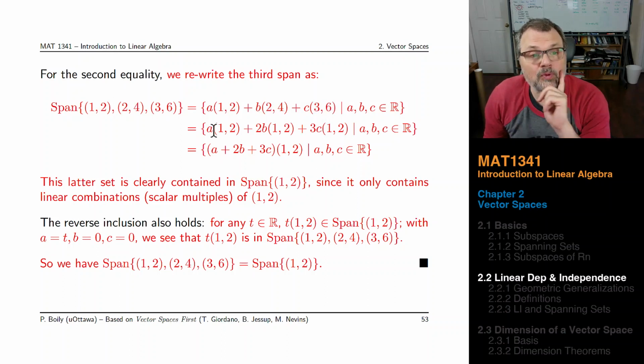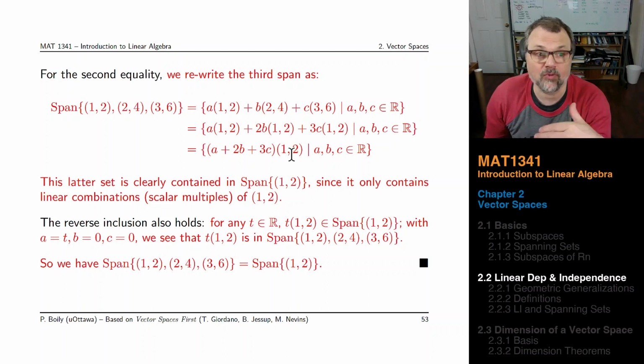And what you end up with here is that every linear combination of (1,2), (2,4), and (3,6) is in fact just a rescaling of (1,2). It's a linear combination of (1,2). So that set is obviously a subset of the span of (1,2), because it only contains linear combinations of (1,2). The reverse inclusion also holds.